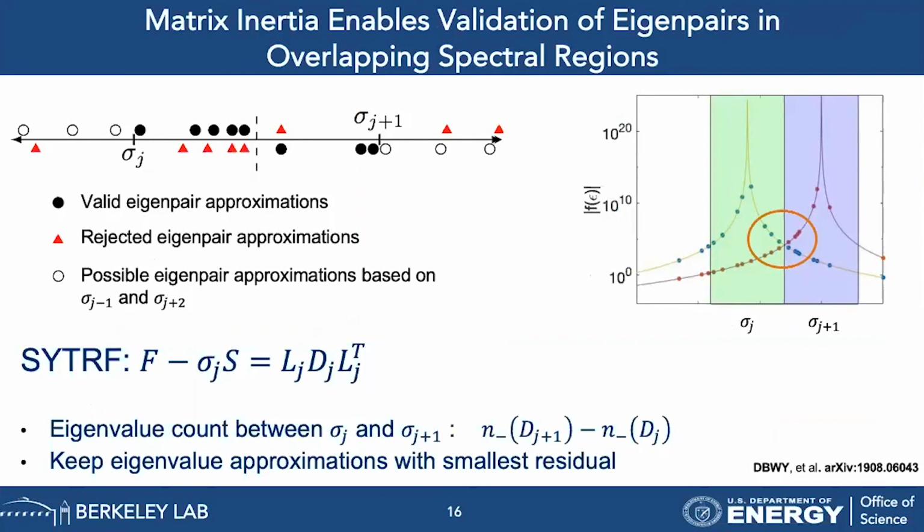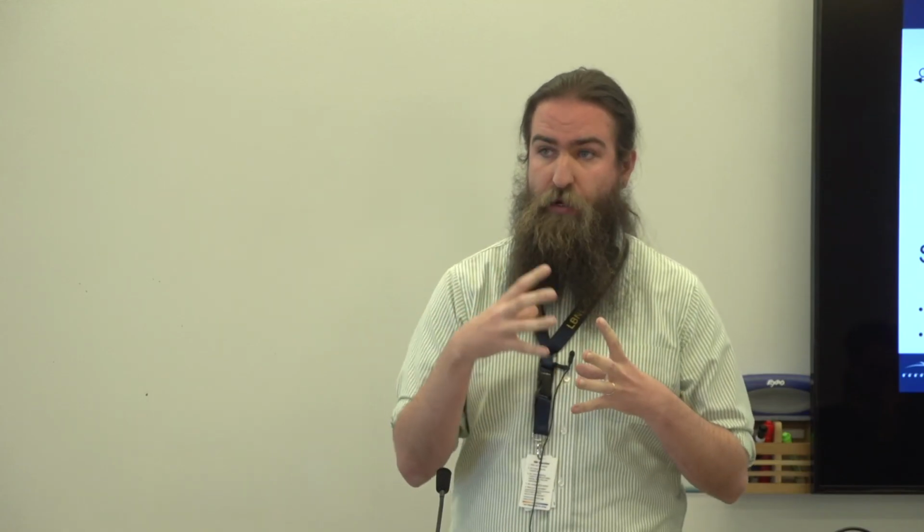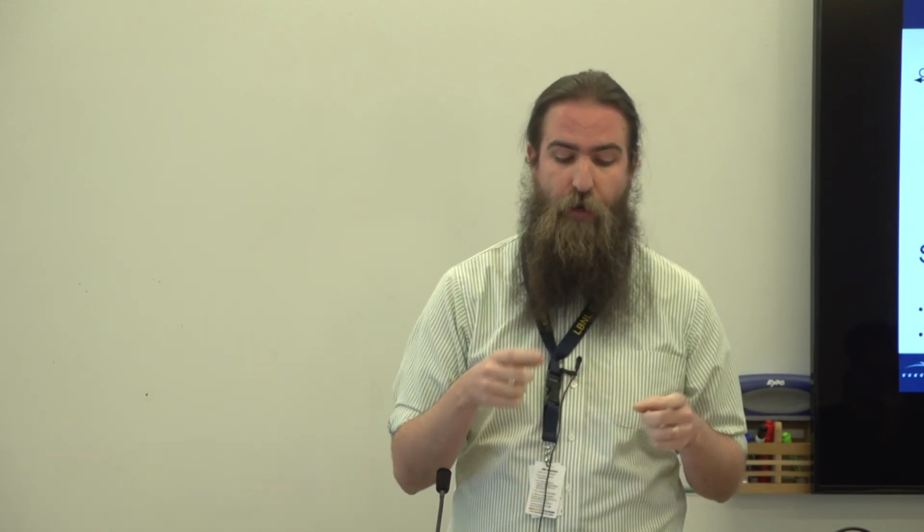And the way that we do that is through the realization that because our spectral function is so steeply peaked at the shifts that we choose, the approximations closer to the shifts, so in some spectral region of overlap here that I've highlighted with this circle, you're going to end up with redundant approximations on two adjacent spectral shifts to the same set of eigenvalues. We choose the ones that are located closer to the shift that they were obtained on as the reasonable approximation because of the amplification near the shift.